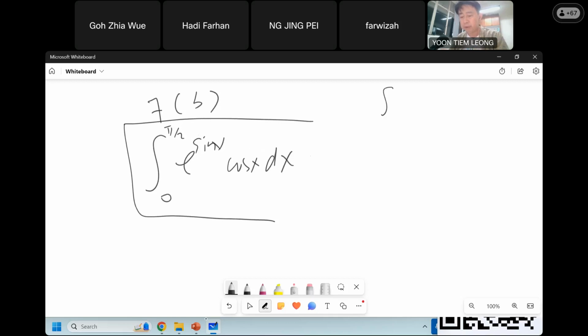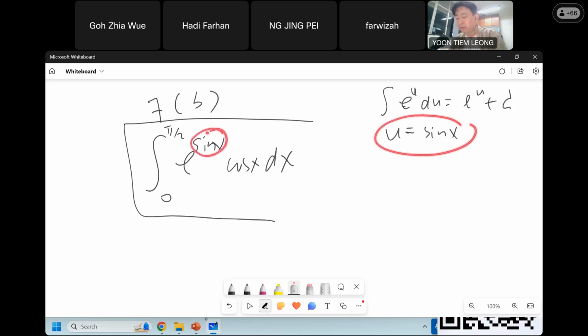But still, you have to understand that you have to make use of the result: e power u du is equal to e power u plus a constant. So here you have to make some simple substitution. Obviously, the substitution is to make u represent sine x. When you make this substitution, then e power sine x will become e power u. So then this integration would just become e power u.